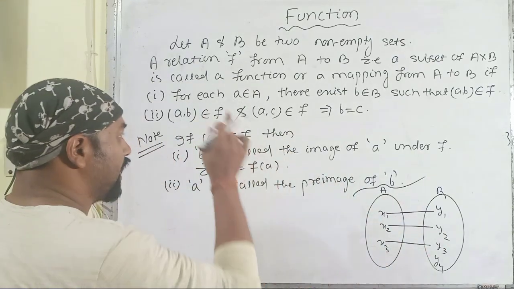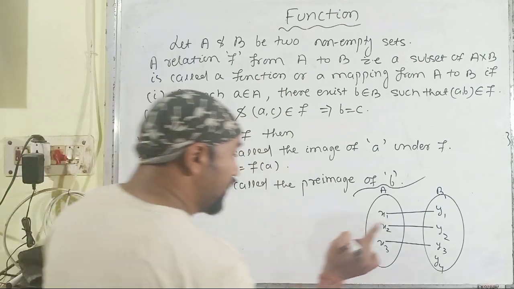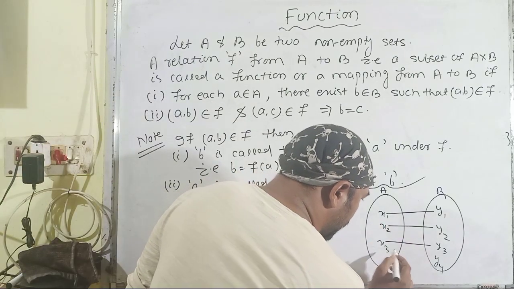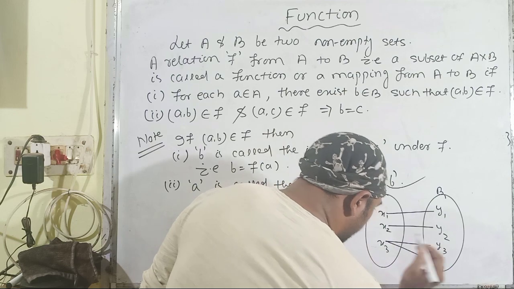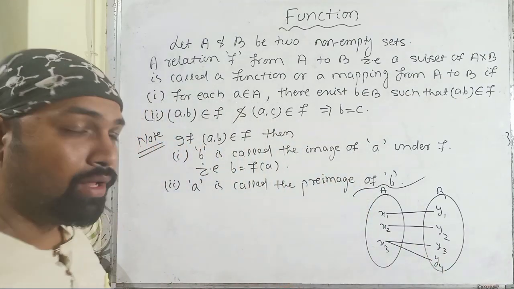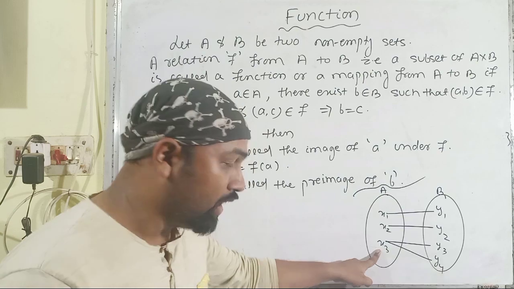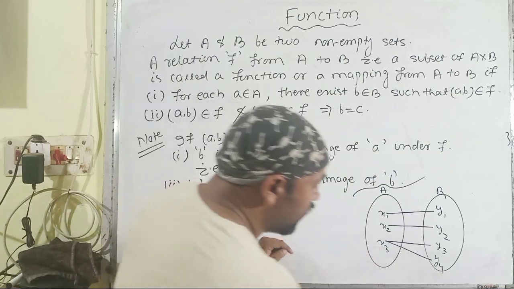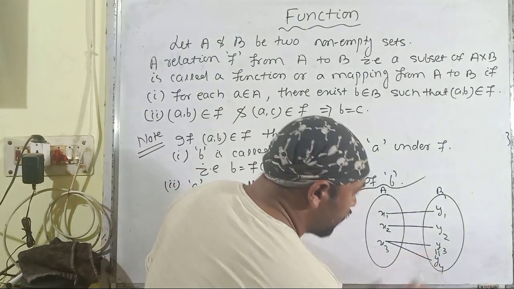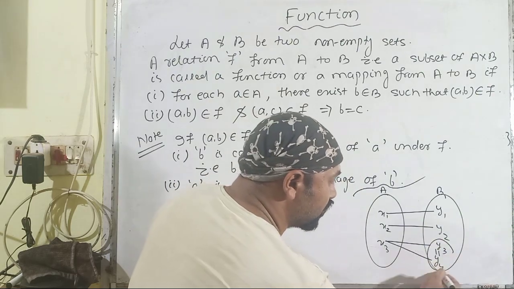But basically there exists another condition here. If there exists another element y4 and it is also making an ordered pair with the element x3, then you must be clear that this y3 and y4 are equal with each other.